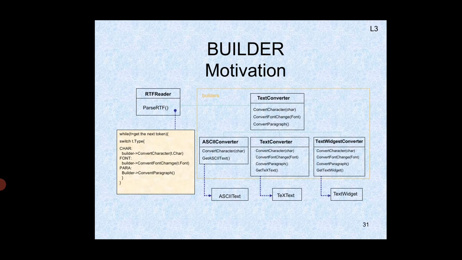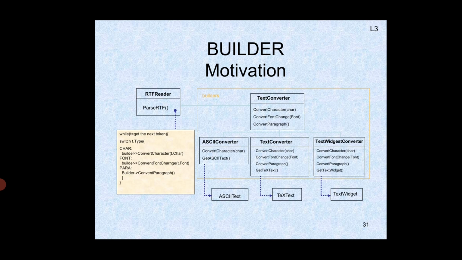Here look at this builder motivation. For example, take an ASCII converter. The ASCII converter ignores requests to convert anything except plain text. A text converter, on the other hand, will implement operations, as shown in this diagram.